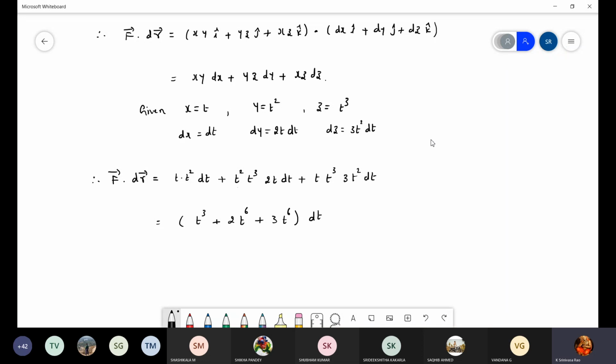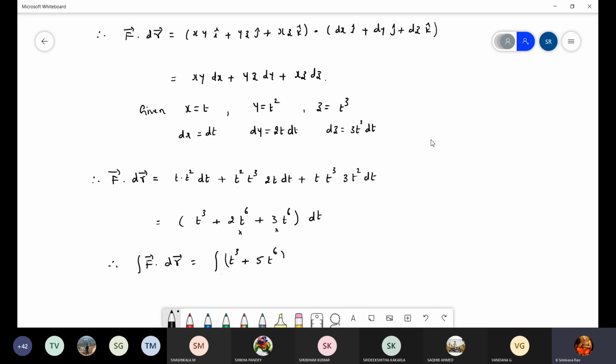So finally, the integral of F dot dr equals integration of t cube plus, I can add these two now, 2 plus 3 is 5, 5t power 6.